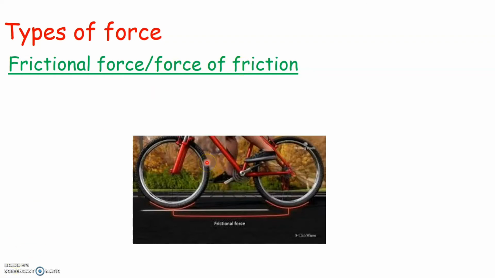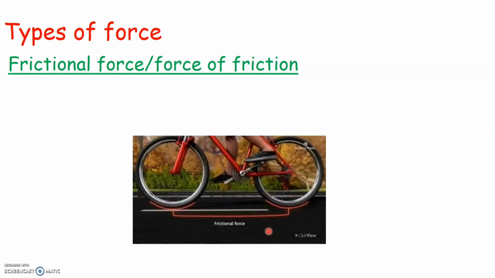It is this force which is acting between the tires of your bicycle and the road which initially slows down your bicycle and then later tries to stop your bicycle. So here there is a force acting between the tires of this bicycle and the road which will try to stop your bicycle.